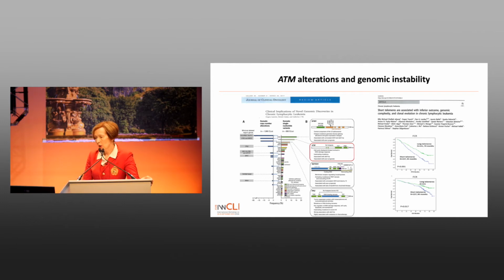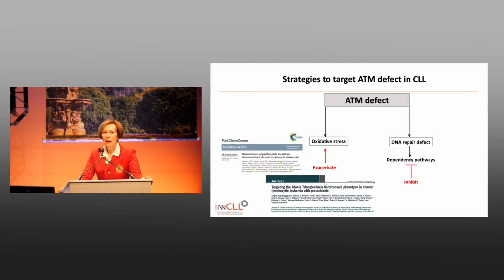So there is quite a lot of reason to invent strategies that are selectively targeting ATM deficient CLL cells. And over the years, we focused on targeting oxidative stress, but we also tried to understand the dependency on DNA repair pathways that develop in CLL cells with ATM loss.